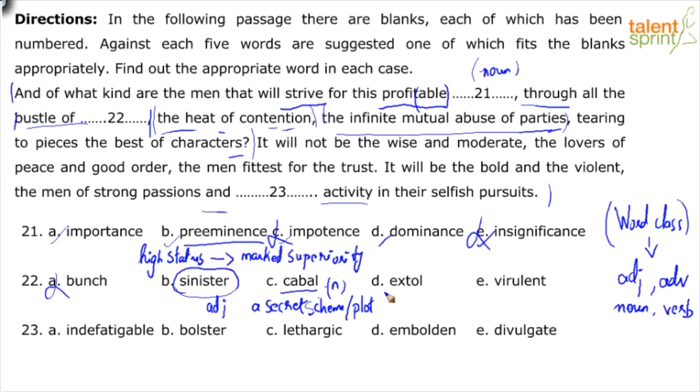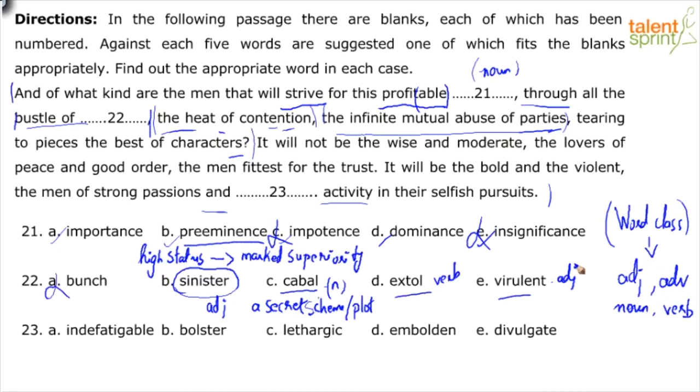Okay? This is a noun form. Extol is a verb form, right? To extol something, to praise highly or exalt. Virulent again is an adjective form. Virulent means something that is spread easily, highly infective, like a virulent disease.